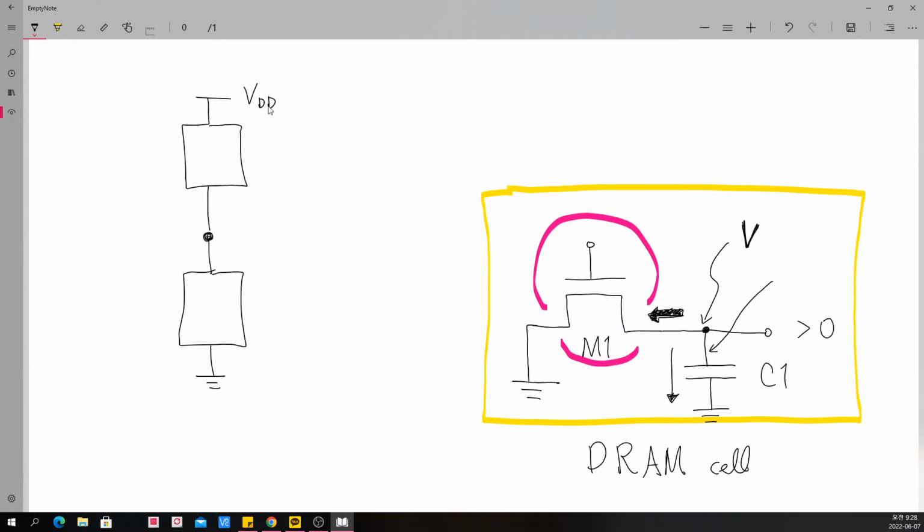Also here I just drew two terminal devices, but even in this case we can introduce additional terminals, and additional circuit elements can be connected. The point is, let's think about what happens to this node where two or multiple circuit elements are meeting together.